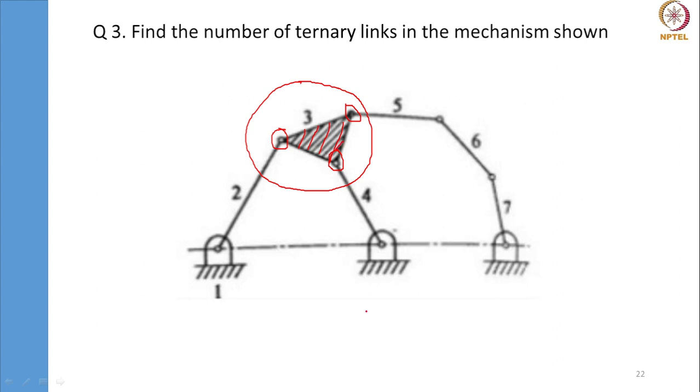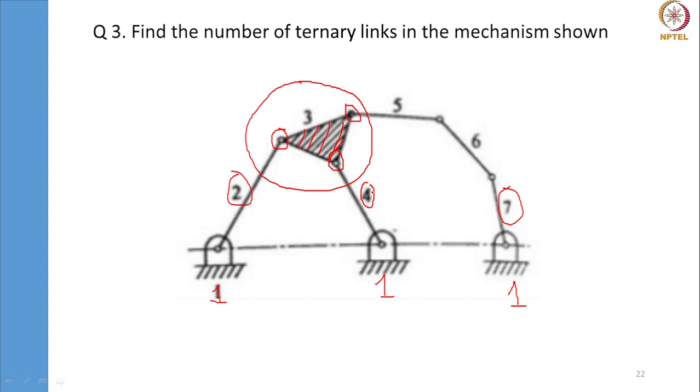The other ternary link is the ground, because the ground is connected to link 2. Again, this is also 1 because ground is always considered 1. The same link 1 is connected to link 4 and the same link is connected to link 7. So the ground is connected to more than two links. That's why ground is also a ternary link in this problem.